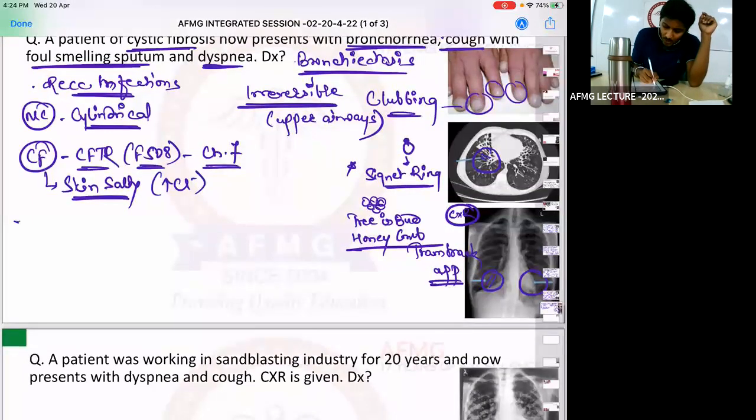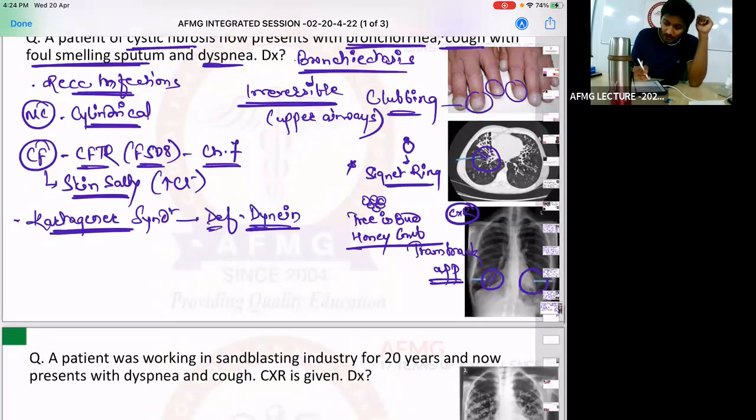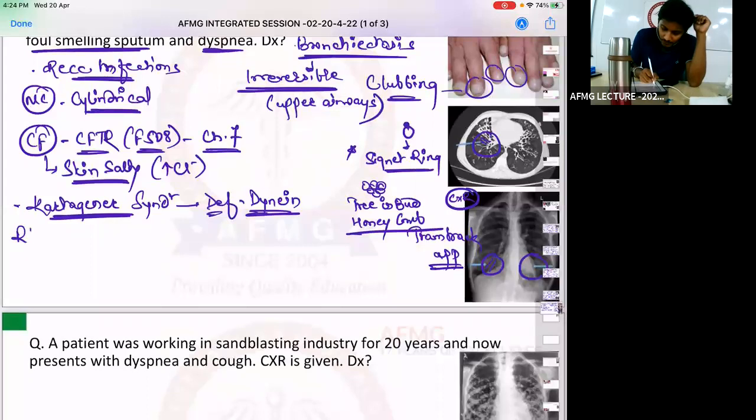One more association of bronchiectasis is known as Kartagener syndrome, which is due to a defect in which protein? It is due to defective dynein protein. What is the triad of Kartagener syndrome? RBR.